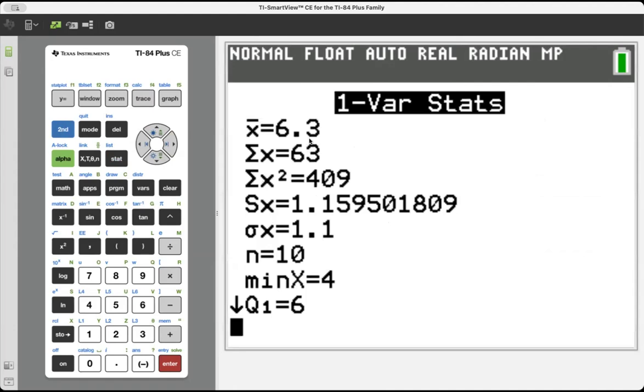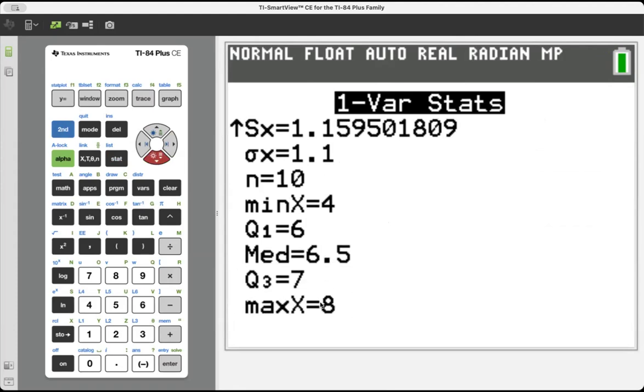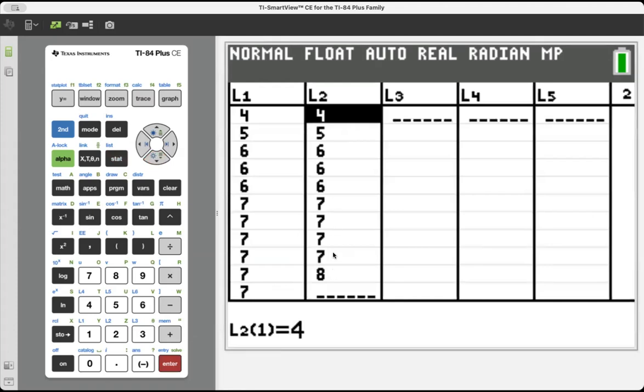The mean is 6.3, and the median, let's scroll down, the median is 6.5. Mean is 6.3 and median is 6.5, and we saw from the appearance that 7 by counting is the mode.